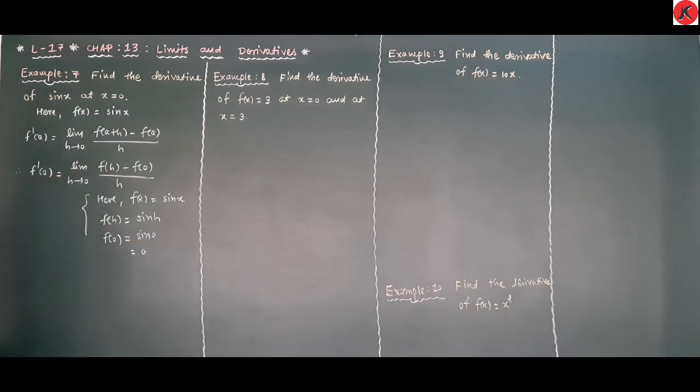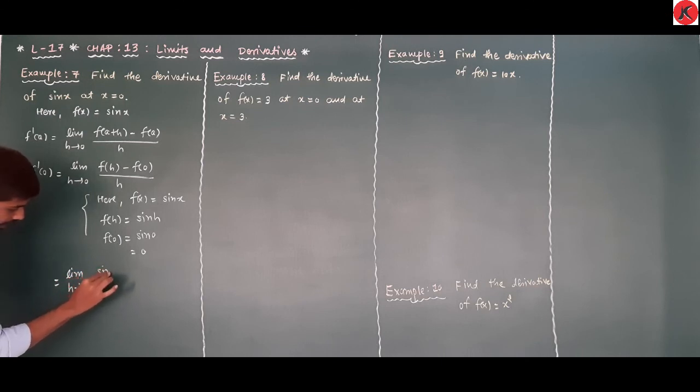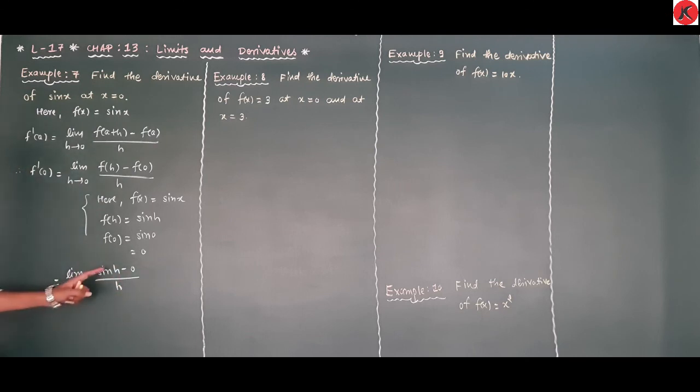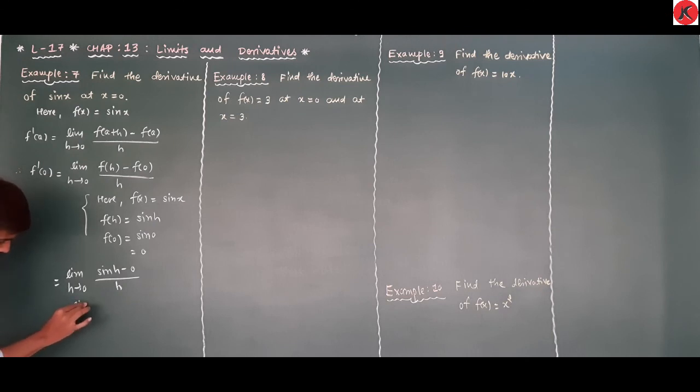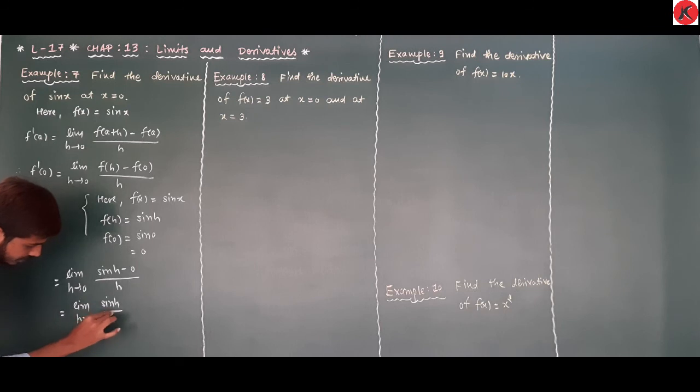Put these two values here, get the answer. Limit h tends to 0 of sin h minus 0 divided by h. The sin h minus 0 means sin h, that means limit h tends to 0 of sin h divided by h.